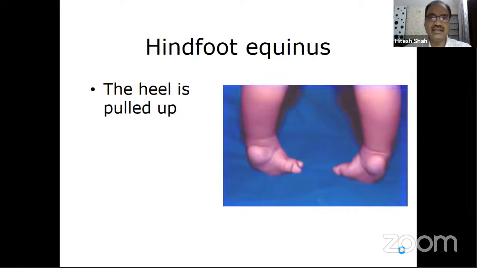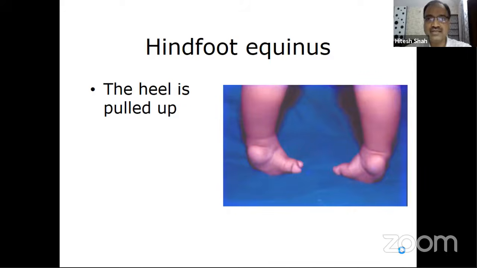The second part is the deformities of the clubfoot. The deformities would be the hindfoot deformity and the forefoot deformity. The hindfoot deformity would be hindfoot equinus and hindfoot varus. So how do we identify hindfoot equinus and hindfoot varus?